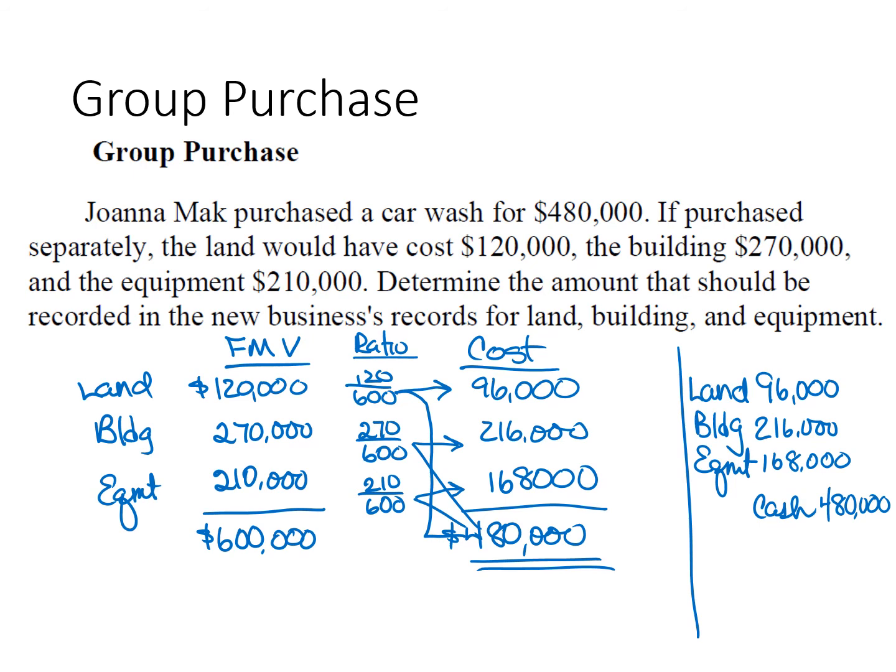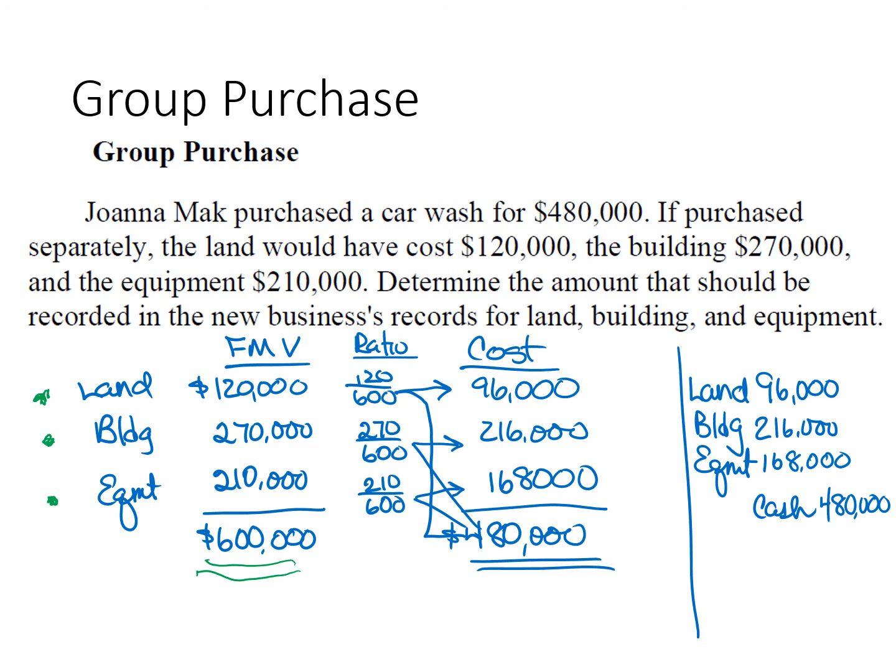Well, here we bought a car wash for $480,000, and if purchased separately, the land would have cost $120,000. So notice we're putting in here the fair market values of the land, the building, and the equipment. So the fair market value was $600,000, but notice we only paid $480,000 for it, which is fabulous. We are such a deal maker.